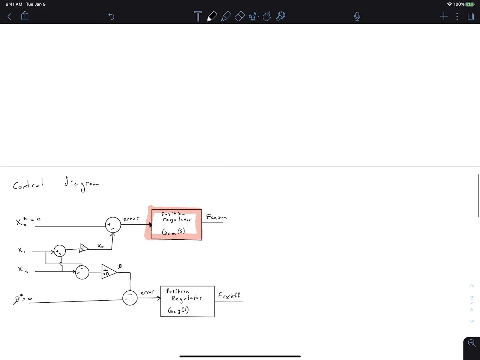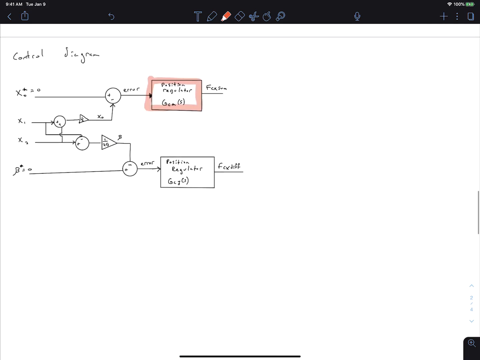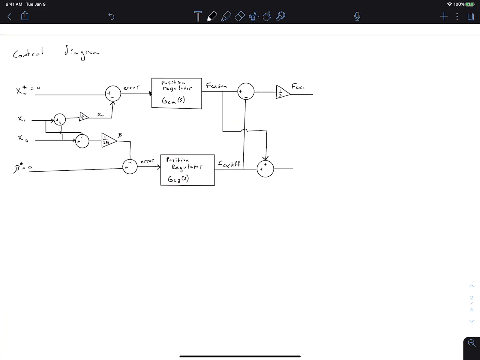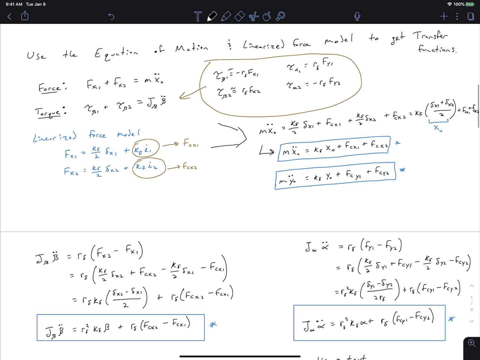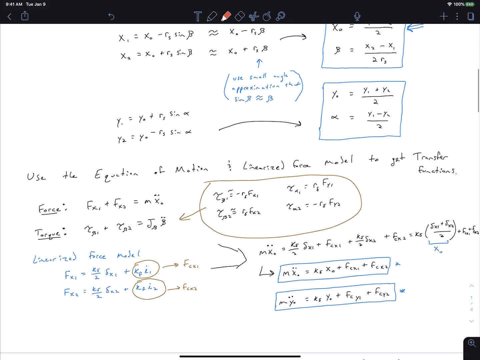So we have to convert back from FCX diff and FCX sum into the FCX1 and FCX2 so we know what currents we need to regulate. And then we can convert those forces into currents using our force current gain, which we talked about up here.